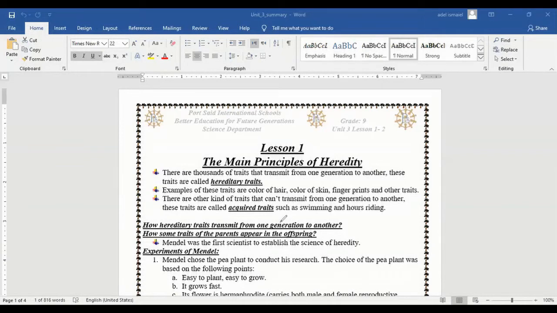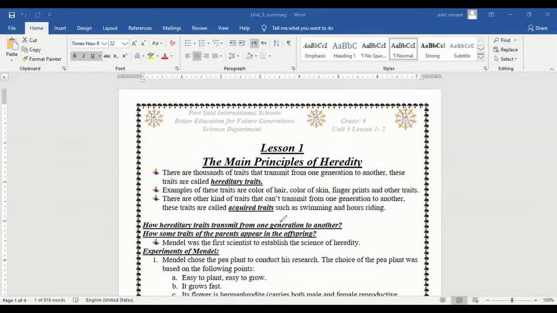These traits are transmitted from one generation to another, like the skin color, the hair color, the blood groups. All of these pass from one generation to another, which means you take them from your parents and so on.